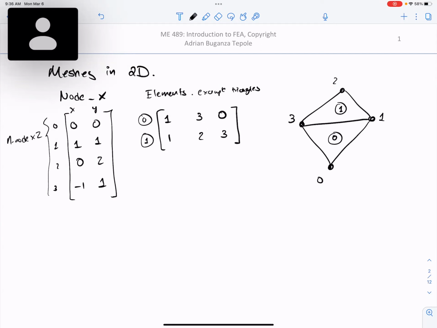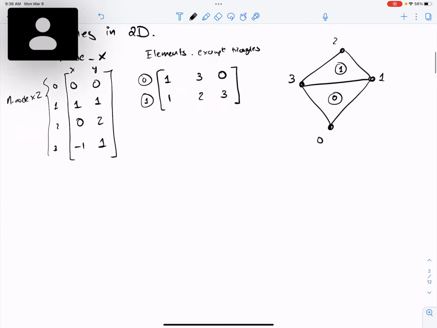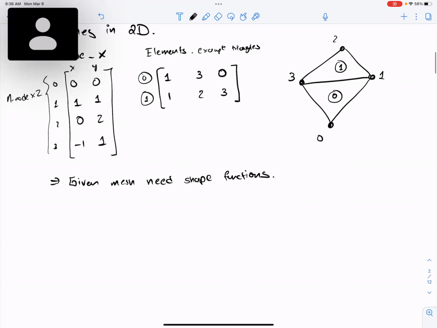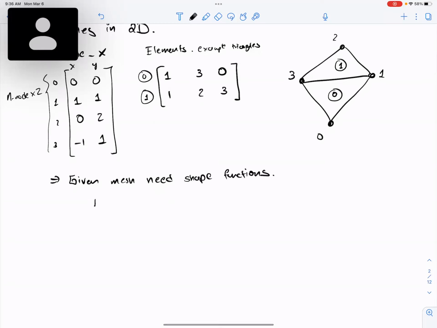Now, given a mesh similar to before, we need shape functions. If there are 3 nodes for an element, there are going to be 3 shape functions. So for triangles, there are going to be N1, N2, and N3.